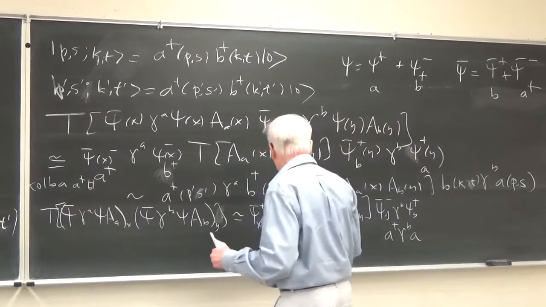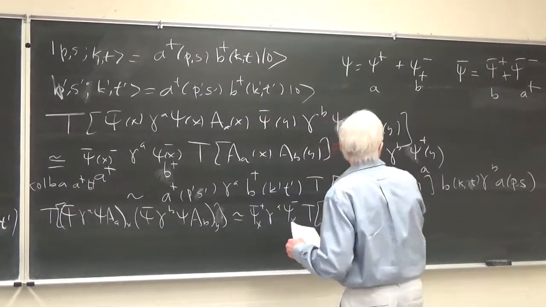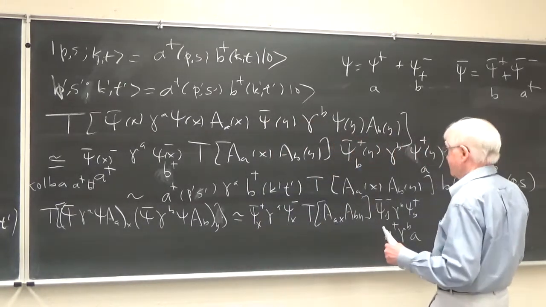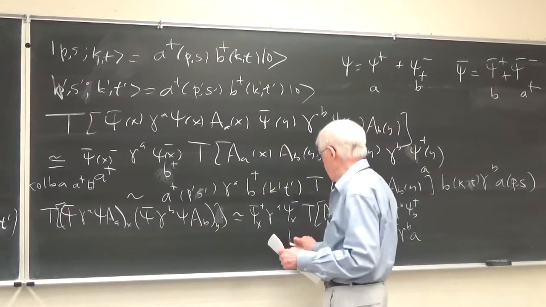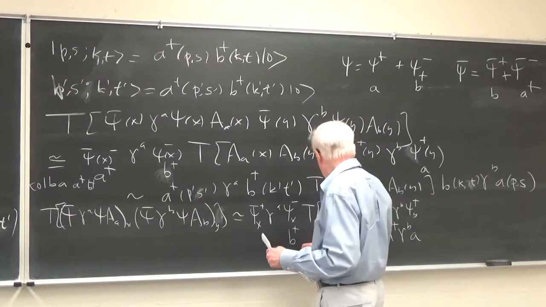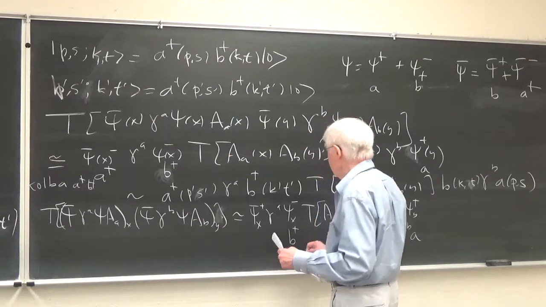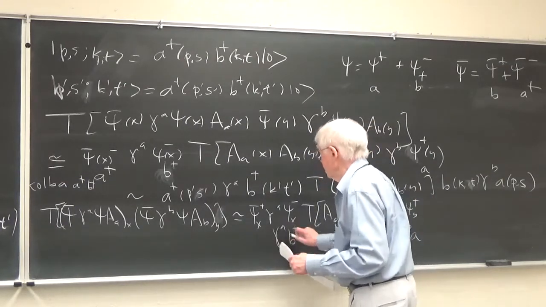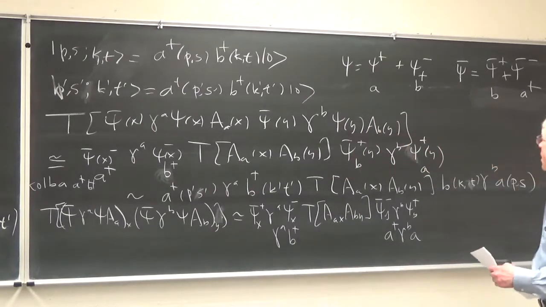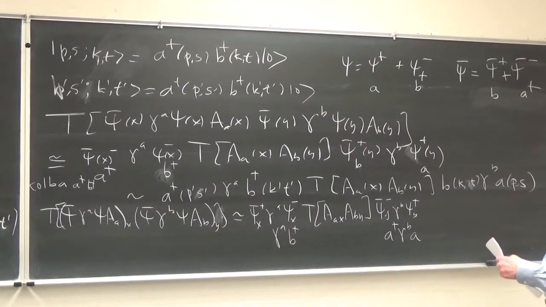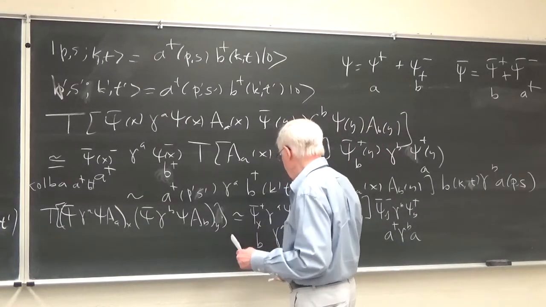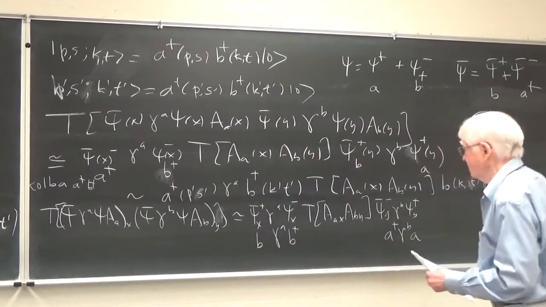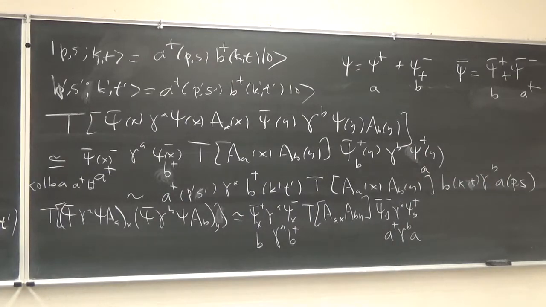And then over here, ψ⁻ X gives us a creation operator for a positron, and ψ̄⁺ gives us an annihilation operator for a positron. And so you see that's the structure that we've got.